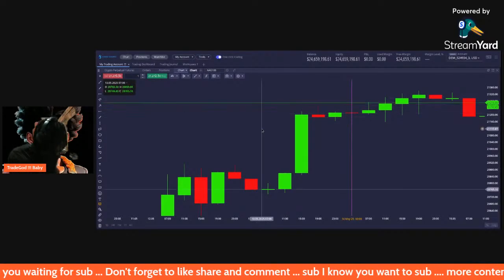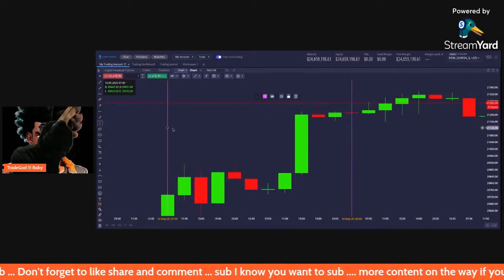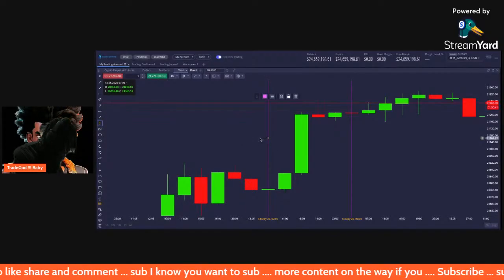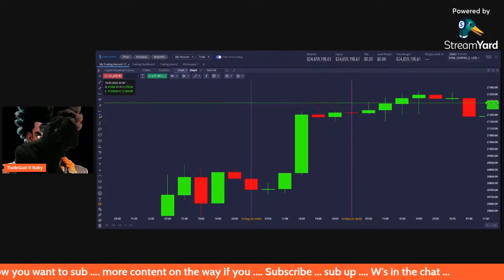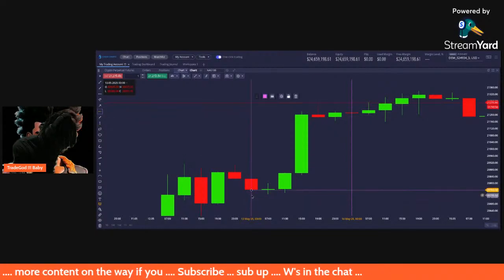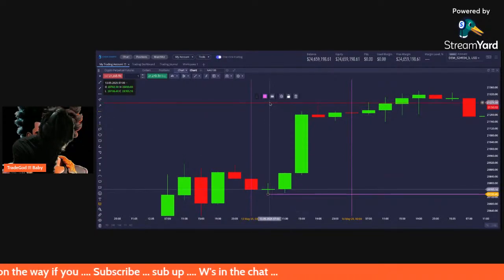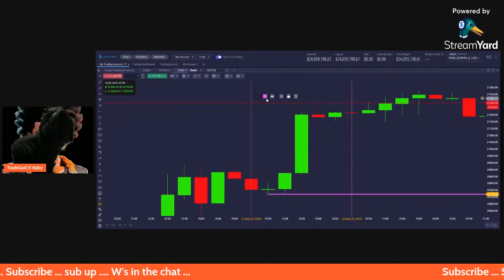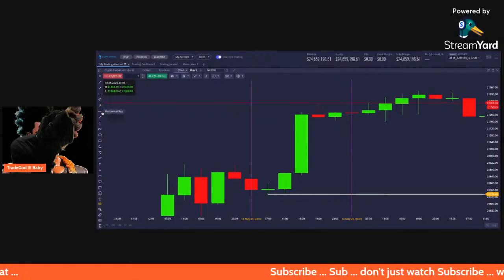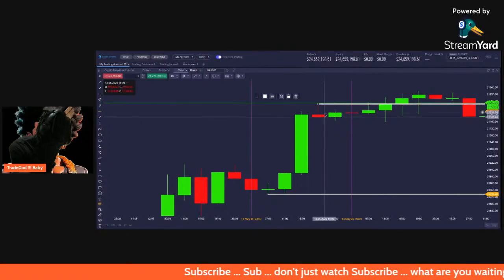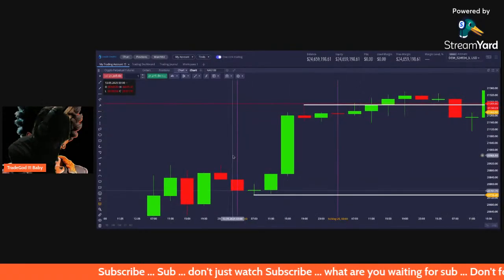And first off, I would have created a zone so I can understand what I'm even trading. So I've got to put a zone right there, a low and a high of the day.